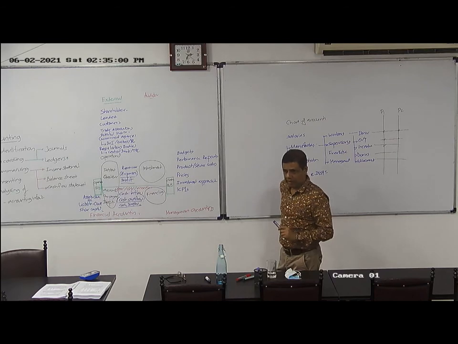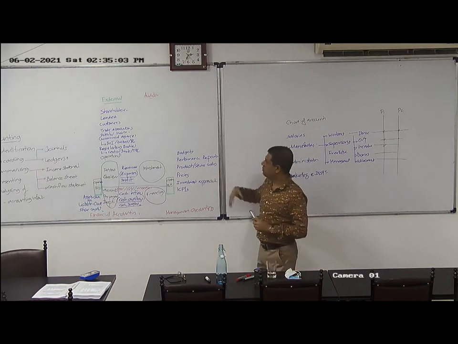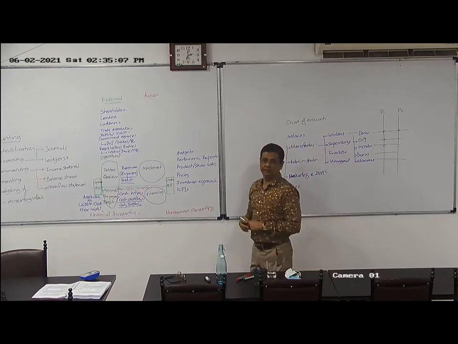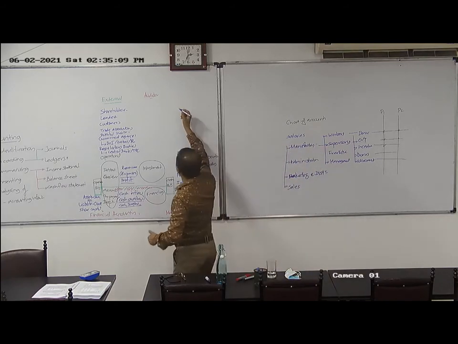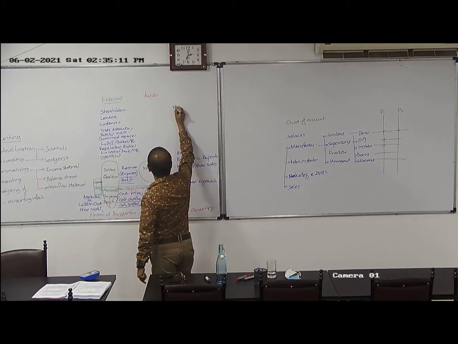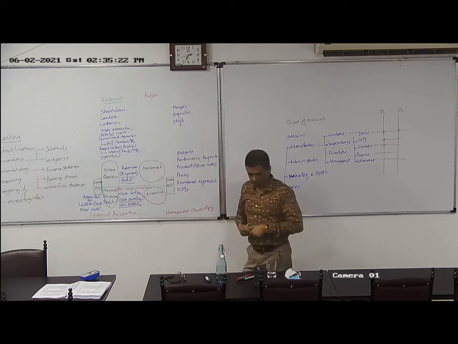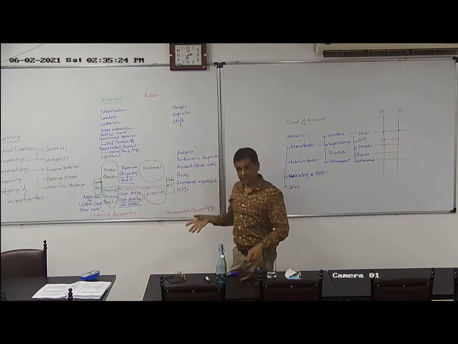Now, who makes use of these management accounting reports? Internal stakeholders. Who are they? Management, company managers, executives, staff, all these different categories of people who are within the organization.